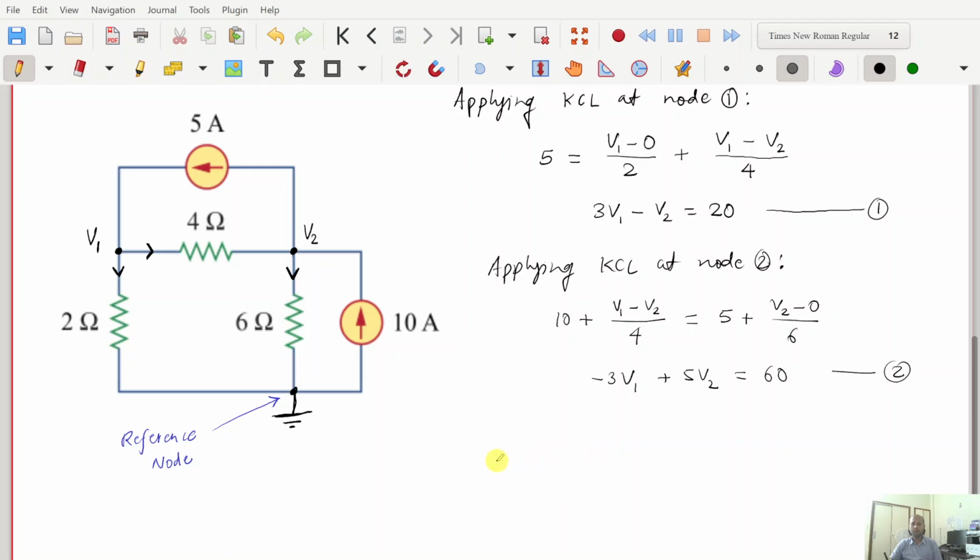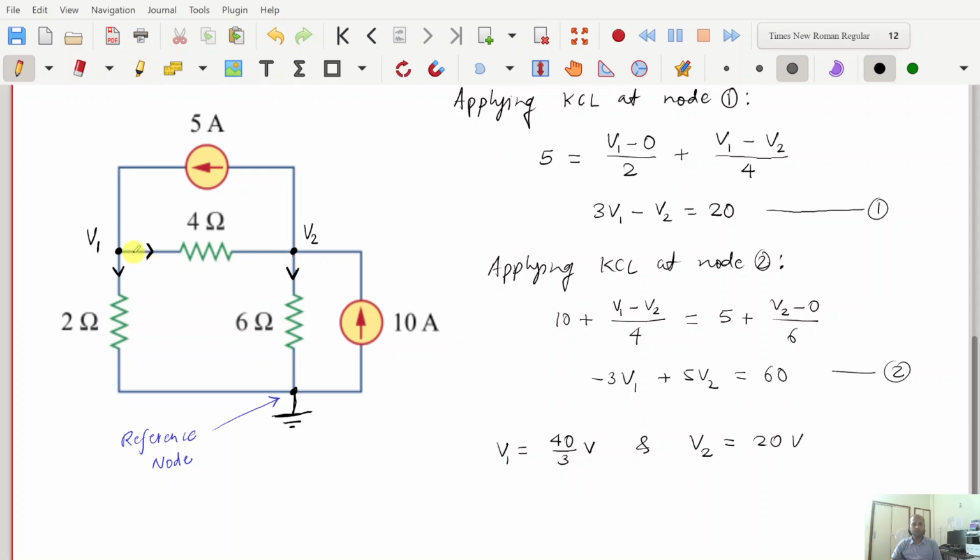Once we solve it, the value of V1 is going to be equal to 40 by 3 volts, and the value of node voltage V2 is going to be equal to 20 volts. So that's it for the nodal analysis. That's how we calculate the node voltages as the unknown parameters.